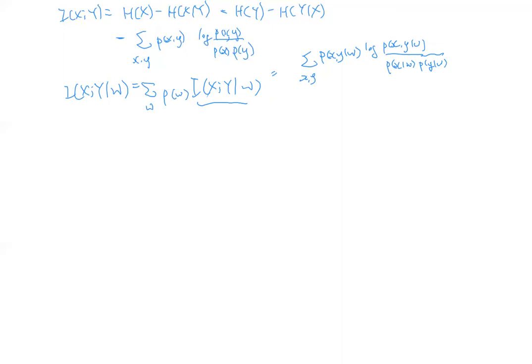And of course, if I merge these two summations together, it's the sum over x, y, and w. I have p(x,y given w) multiplied by p(w), which is p(x,y,w), and log p(x,y given w) over p(x given w) p(y given w).